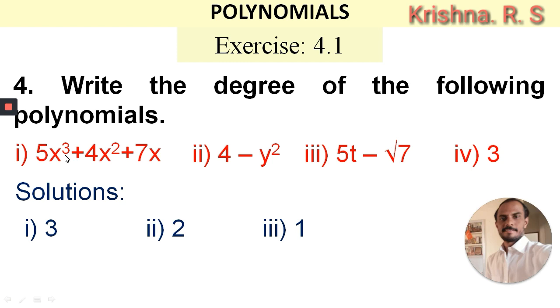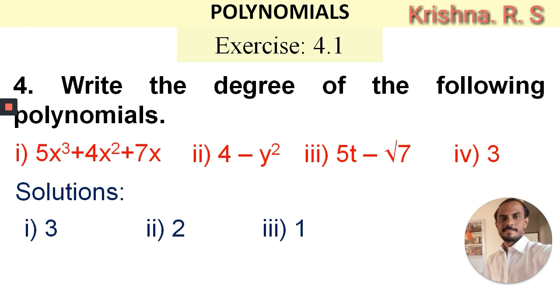And see students, the fourth is a very important and unique question. There is no English letter, so we call it a constant polynomial. The first is a cubic polynomial, the second a quadratic polynomial, the third a linear polynomial, and the fourth a constant polynomial. A constant polynomial has no English letter, only real numbers.